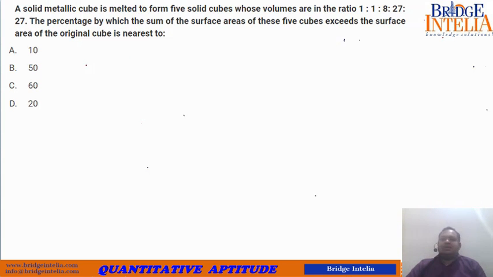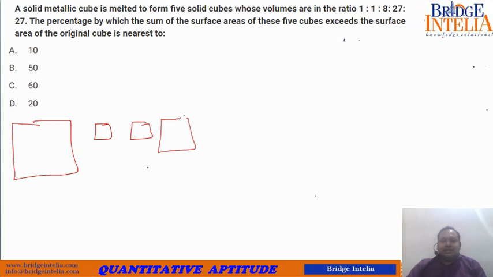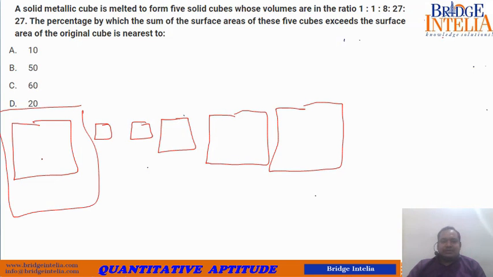Okay, fine. So understand what this question is trying to convey. A big cube, a large cube, was melted into 1, 2, 3, 4, 5 smaller cubes. The volumes for these are given as 1, 1, 8, 27 and 27.